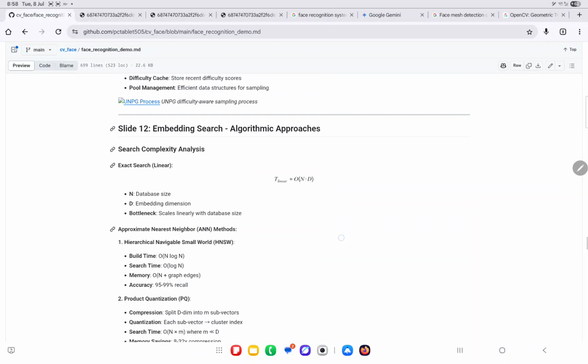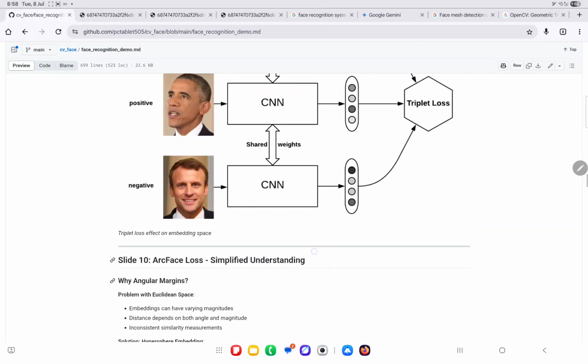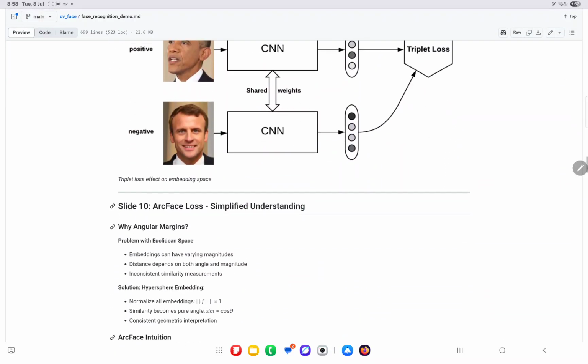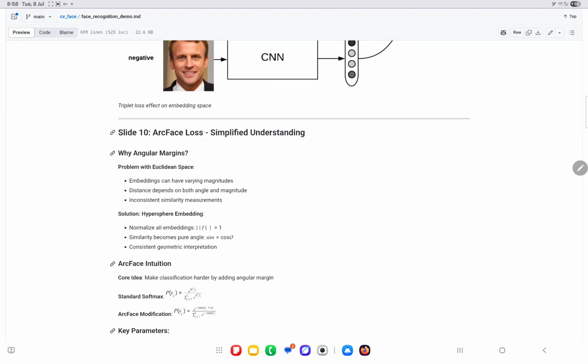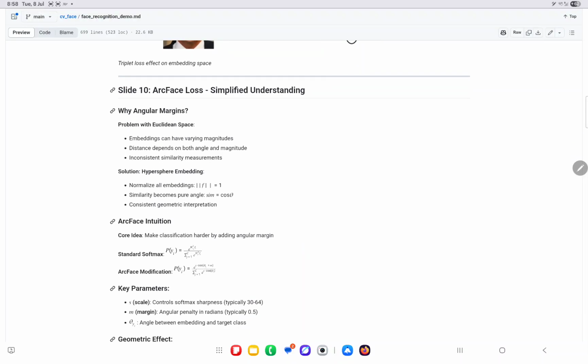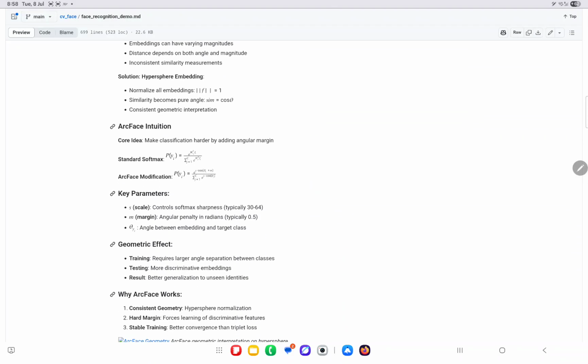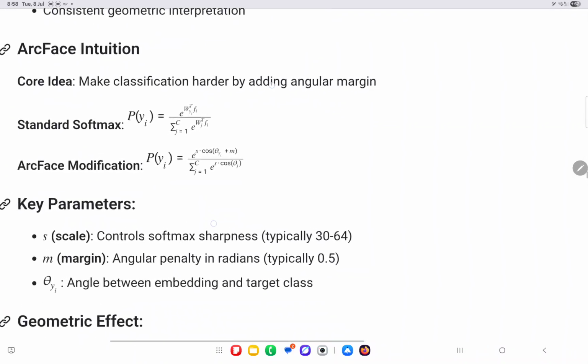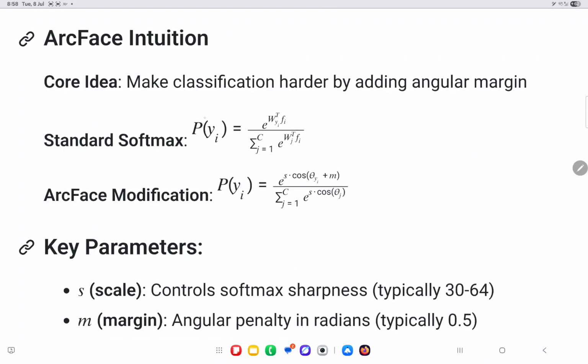So this was triplet loss. We discussed triplet loss, and apart from that there is another loss function, that is ArcFace loss. It is just a modification of the softmax function.